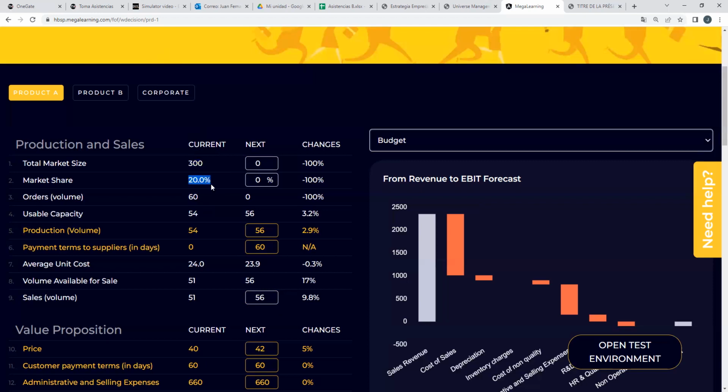Why is it 20%? Because the 100% of the market, the 300 units, is divided in equal pieces because we have 5 companies per industry. So 100% divided by 5 companies. Each company begins in equal condition with 20% of market share.